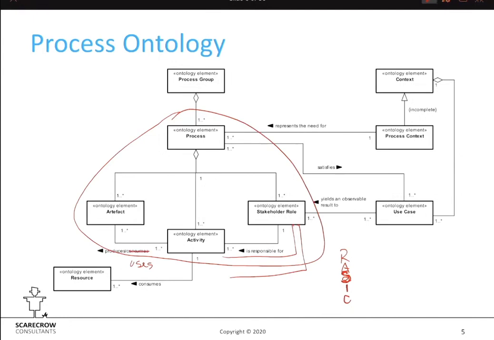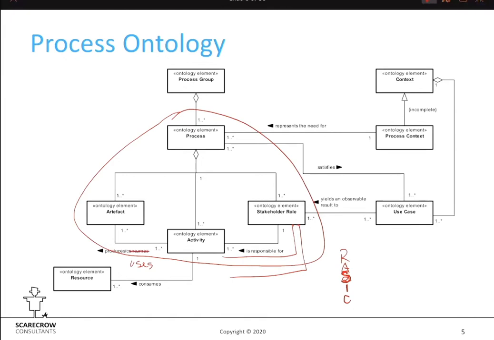To distinguish between the fact that there are multiple stakeholder roles sometimes involved in an activity. So in this case, responsible would be the person that carries it out. Accountable would be the person that ultimately has to ensure that that activity has been done. Support are the stakeholder roles that can support people in carrying out the activity.